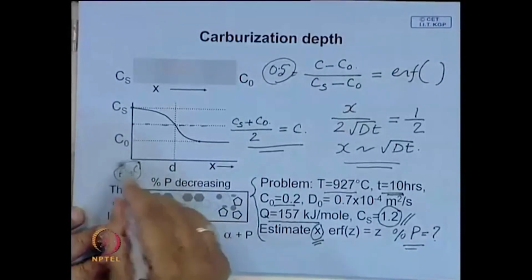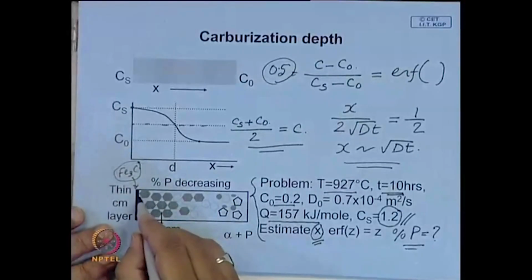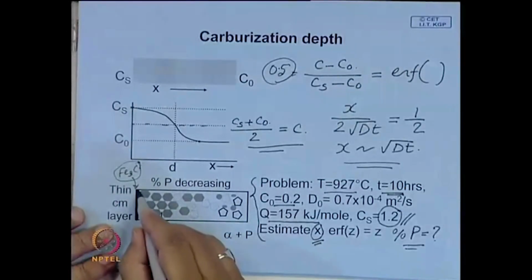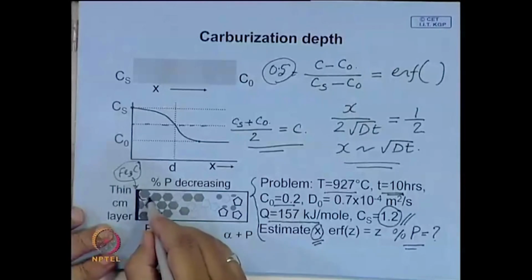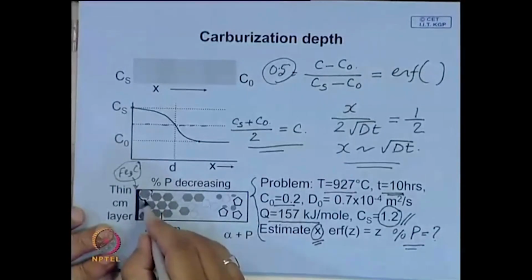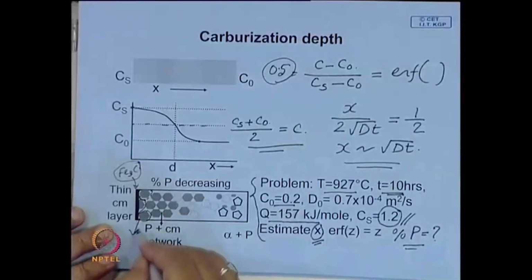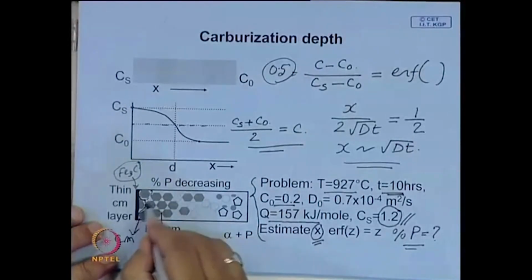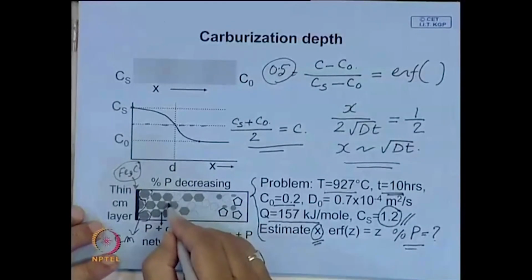So, there may be cementite, and after that you will have a bright network made up of cementite, and as you go inward that cementite network will become thinner, and there will be a region where it will be mostly 100% perlite.